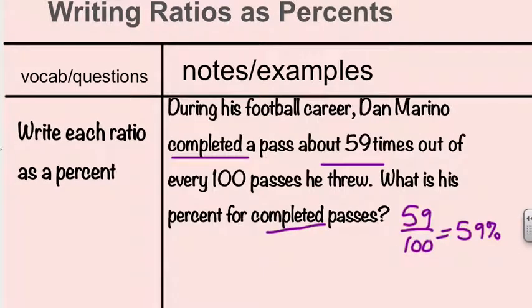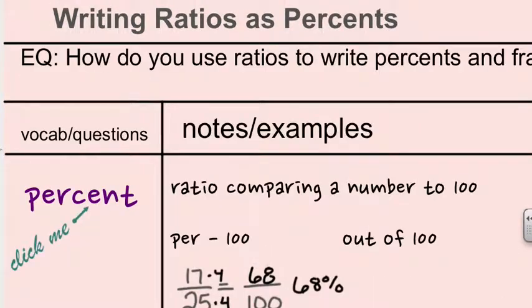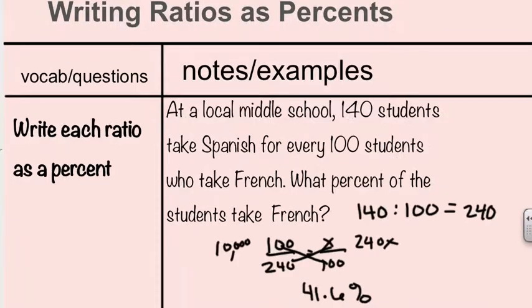So what do I know about today? Well, let's run back really quick and check our essential question. How do you use ratios to write percents and fractions? So how do I use ratios to write percents and fractions? What would you do? Think about it. Compare, now I bet you're getting it, to 100.